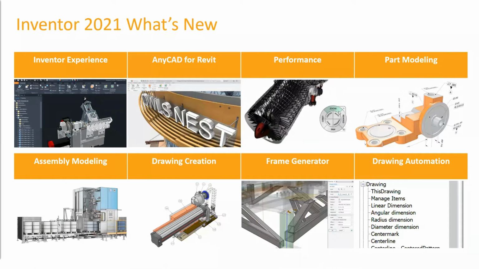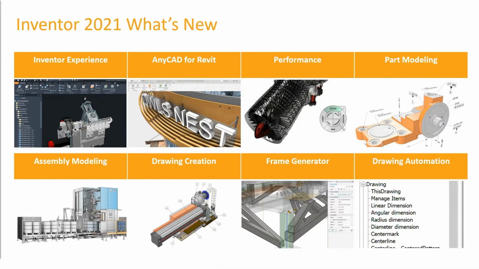They've improved the performance enhancements in parts and assemblies. With part modeling, they've brought in enhancements for sheet metal, multi-body parts, and 3D annotations. In assembly models, they've updated the tube and pipe, the assembly structure, and file naming. We've got new commands inside the drawing creation.